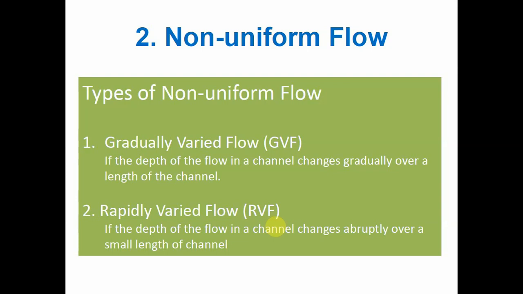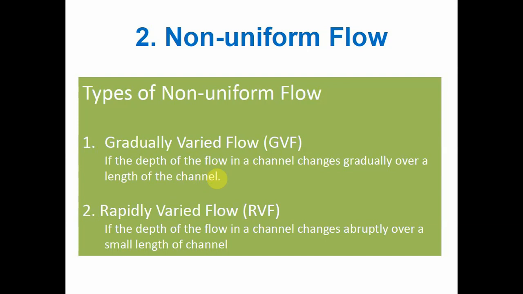If the flow characteristics of the channel change gradually over a long length of the channel, the flow is said to be gradually varied flow. That is, the depth of the flow in the channel changes gradually over the length of the channel. That is called gradually varied flow.